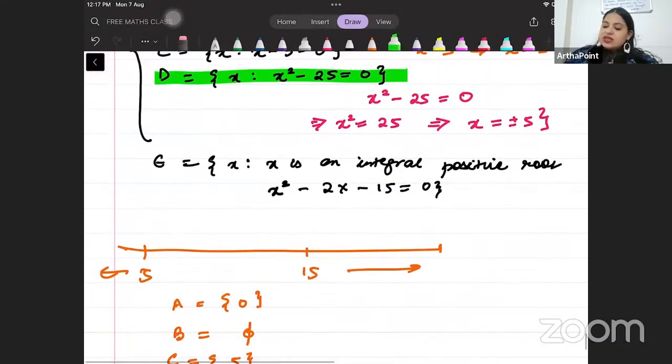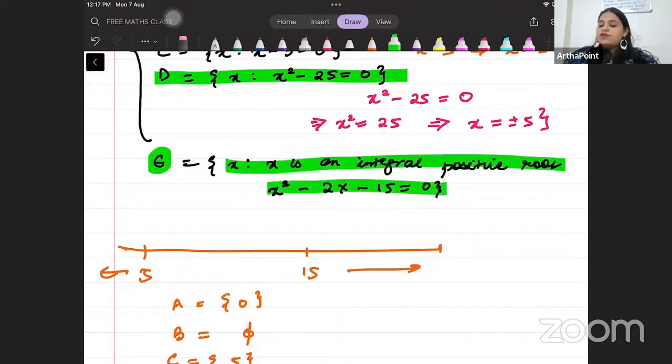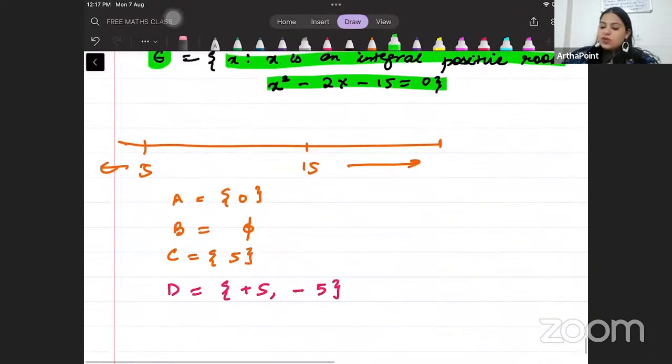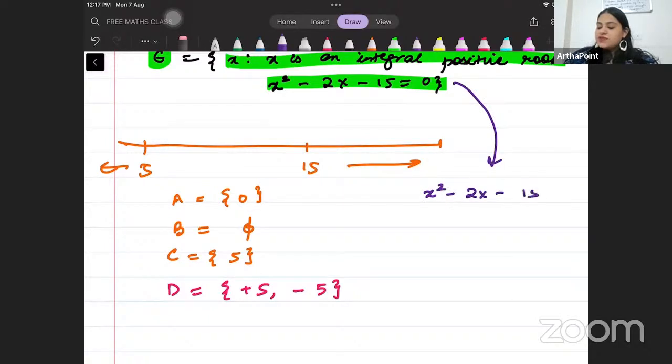And lastly, it says E is such that x is an integral positive root of this. So beta, your equation given to you is x square minus 2x minus 15 is 0. So 15 is 5 into 3.